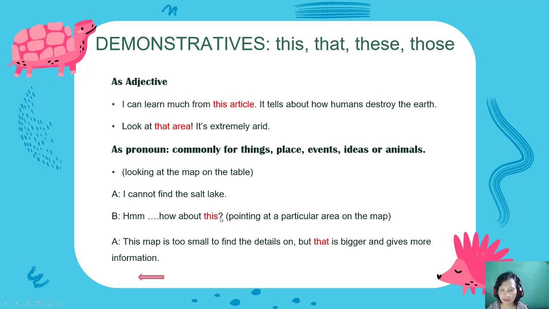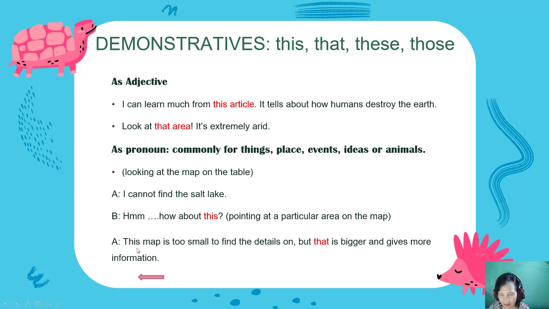Actually, as adjective or as pronoun is not only for demonstrative, it can be for other determiners. So later when you have the examples with determiner with noun, it means that it is as adjective. But if it stands alone, it means that it is as pronoun.